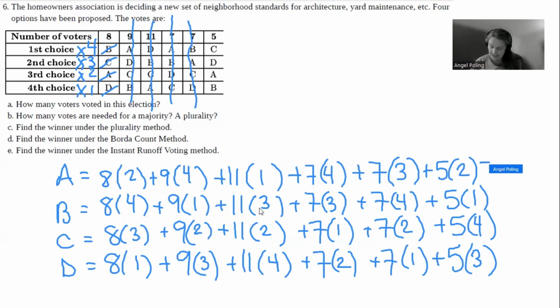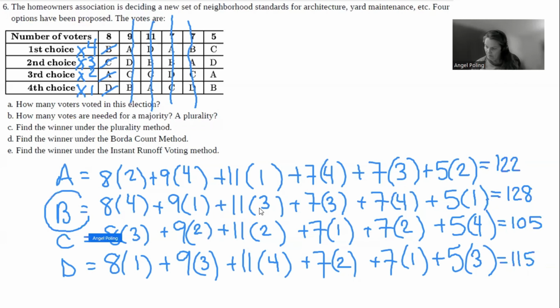When you put this in a calculator, I put this into Wolfram Alpha, and then you just have to change what's in the parentheses for the next entry, which is why I like this form. And the winner of the Borda looks like B. Oh, oh no, it is B.